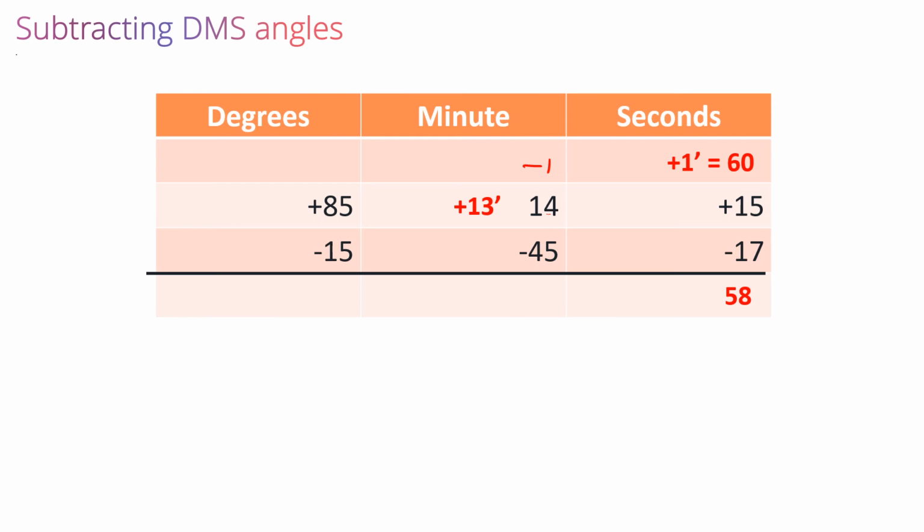So what do we need to do? We need to borrow. Again, we have two guys here, so we need to borrow 1 degree from this person, and we need to give this 1 degree to the second person, right?